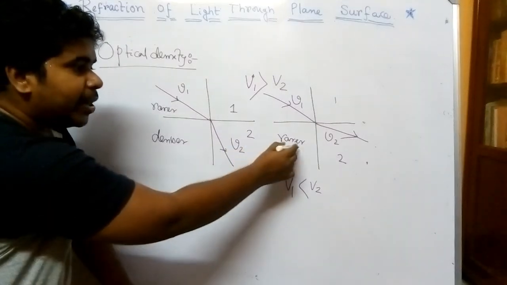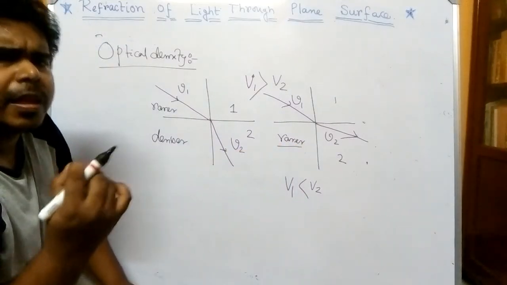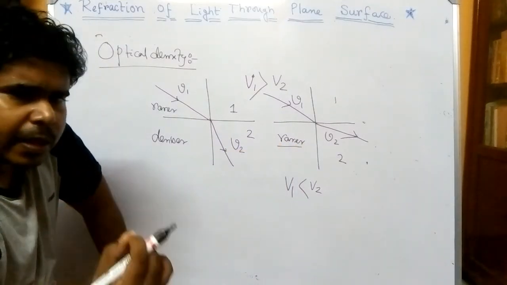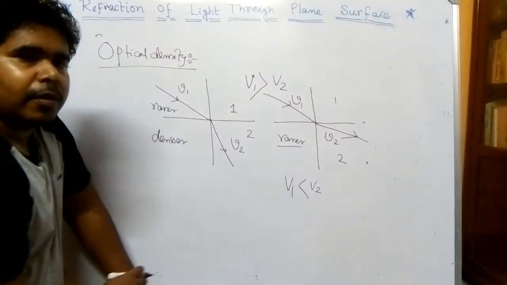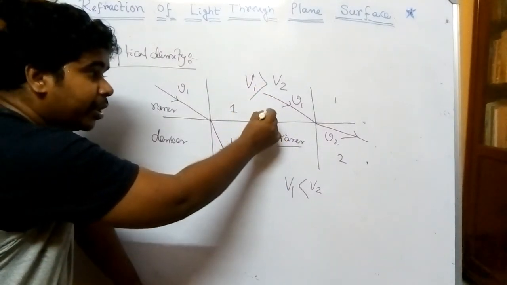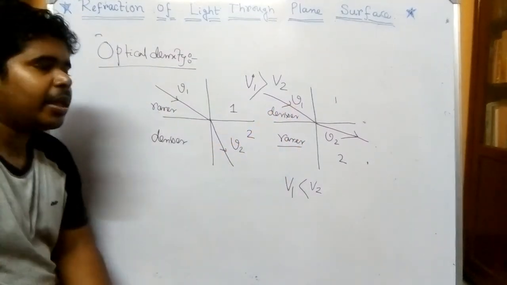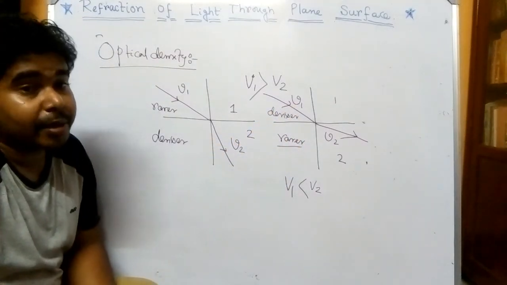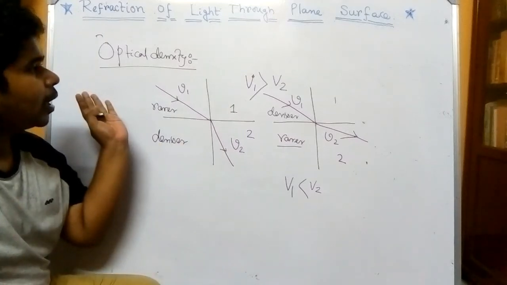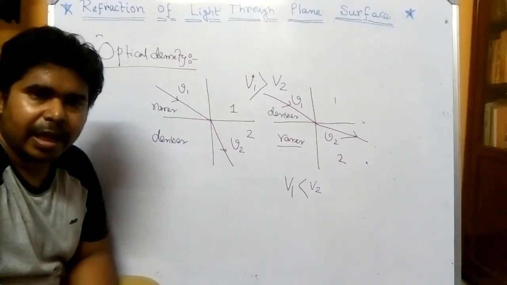Optically rarer means less dense than the first. So the first medium is a denser medium and the second medium is a rarer medium. That is the concept of optical density.